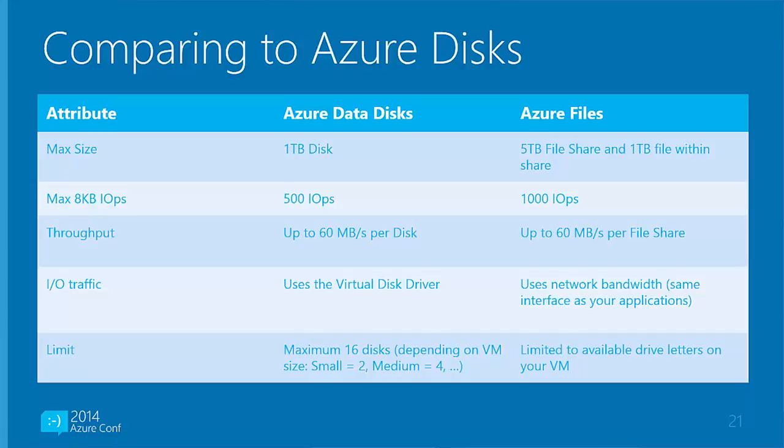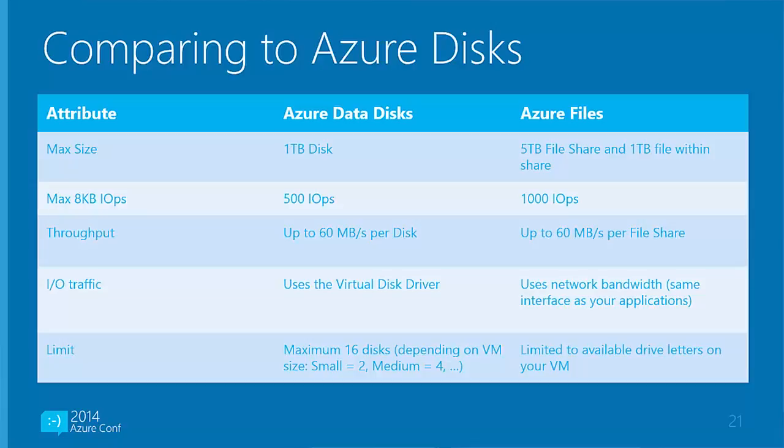Now, one important point is the I/O traffic. So when you're writing and reading from an Azure disk, this goes through the virtual disk driver, while for Azure Files, this actually uses network bandwidth. So this means that it uses the same network interface as your application would be using to communicate with your users.